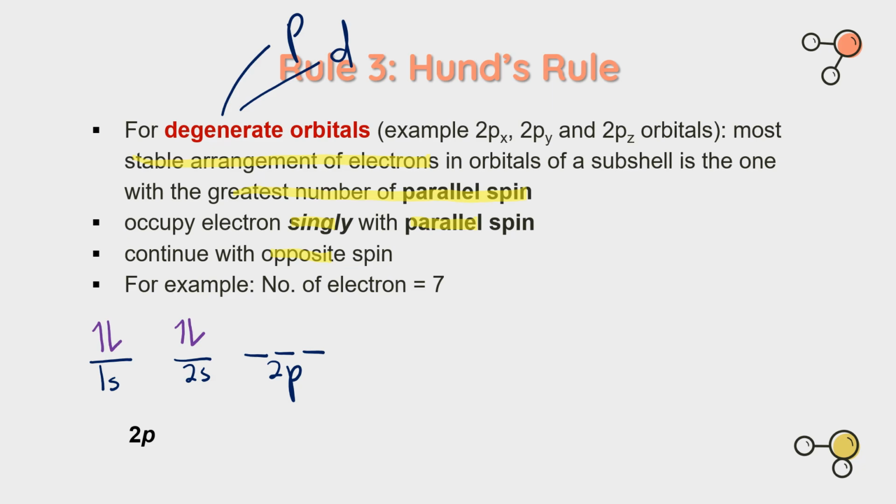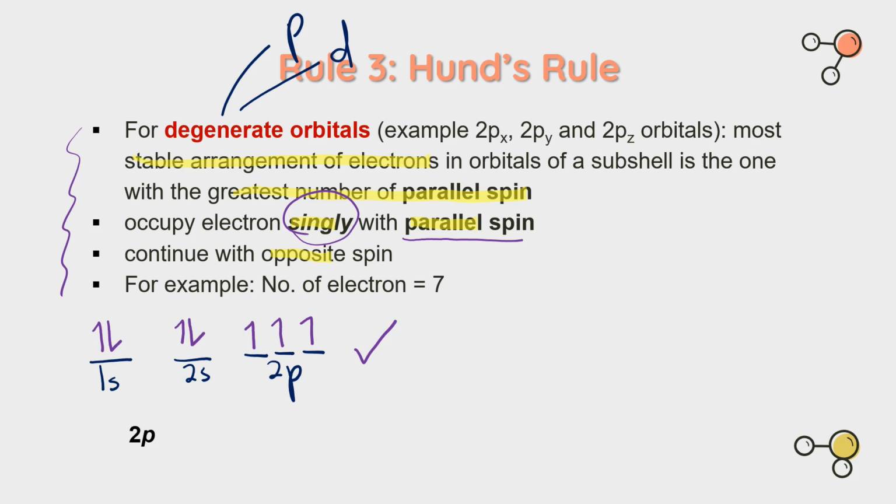And from here we have another 3 electrons balance. So the 3 electrons must follow this Hund's rule, yaitu you have to occupy the electrons singly with parallel spin. Bermaksud you have to fill with single electrons in parallel spin dahulu. So this will be the correct arrangement according to Hund's rule.